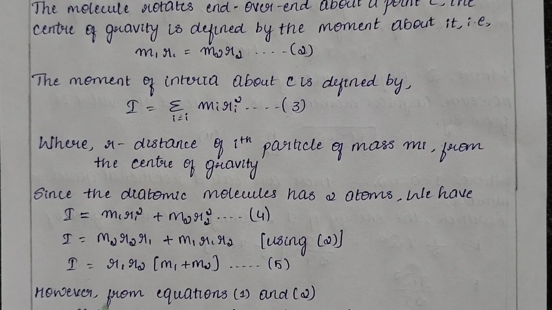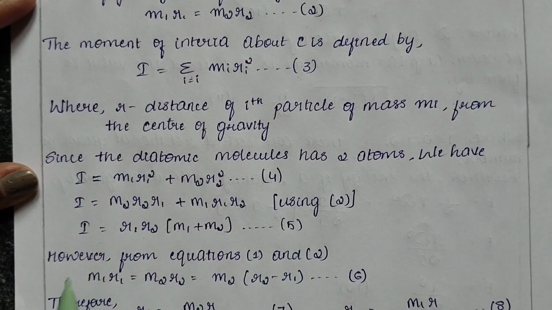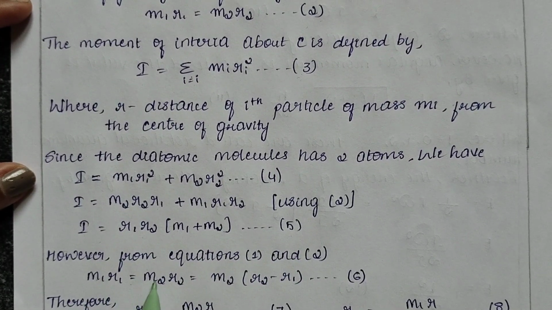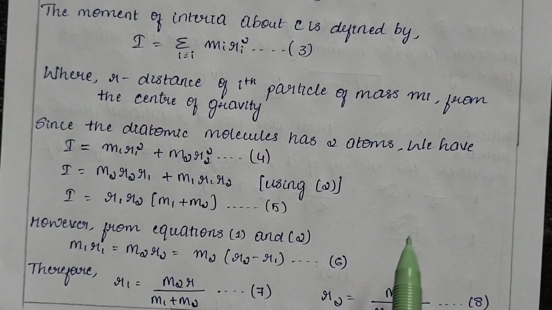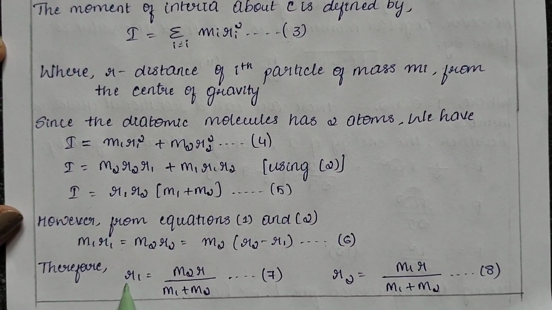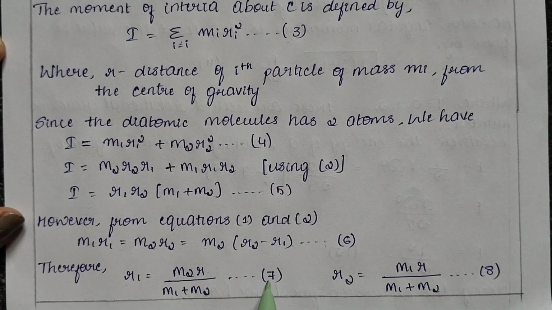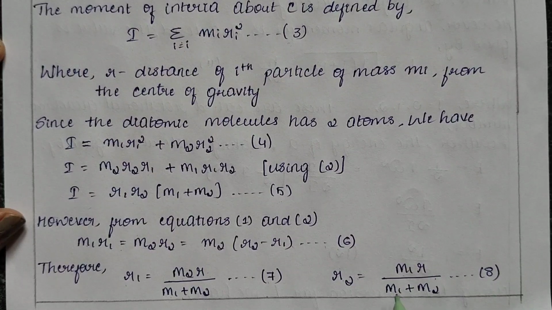However, from equation number 1 and 2, we know that m1 r1 is equal to m2 r2, which is equal to m2 into (r minus r1), which will be equation number 6. And therefore r1 is equal to m2 r divided by (m1 plus m2), which is equation number 7. And similarly r2 will be equal to m1 r divided by (m1 plus m2), which will be equation number 8 respectively.